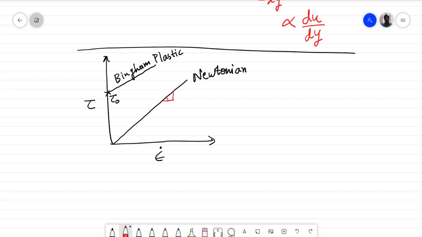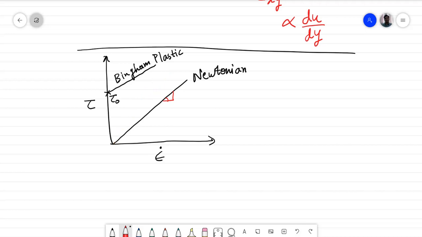So for air, let's say if this is the graph, for water it will look like that, for honey it will look like that, and so on. Okay. Now there can be fluids whose apparent viscosity decreases with stress or strain rate. That can be shown like this.